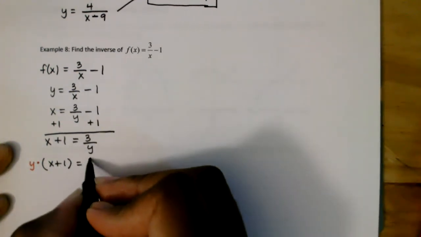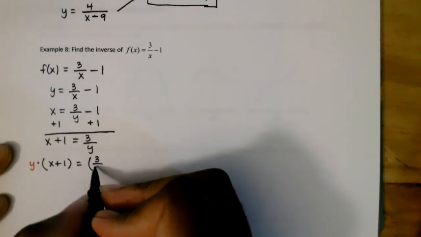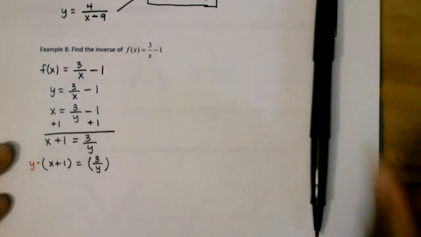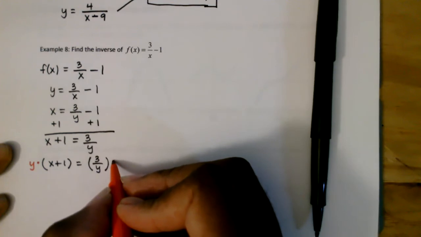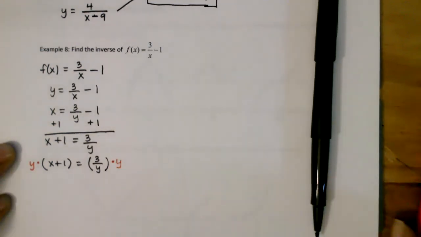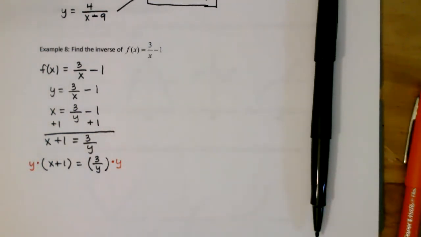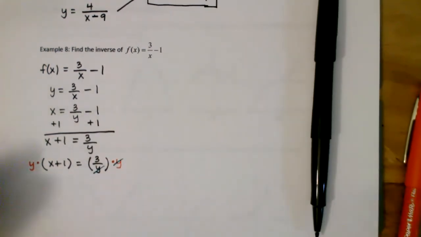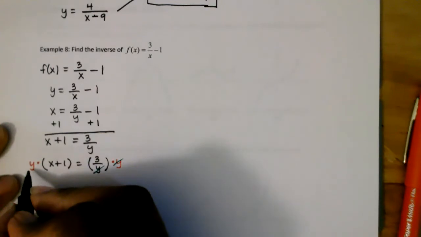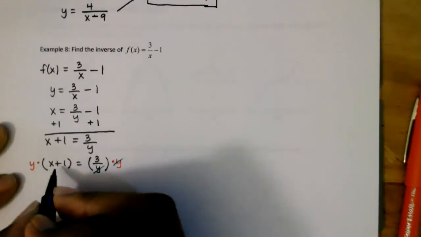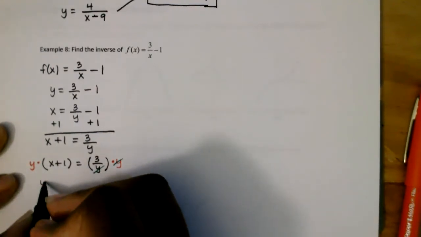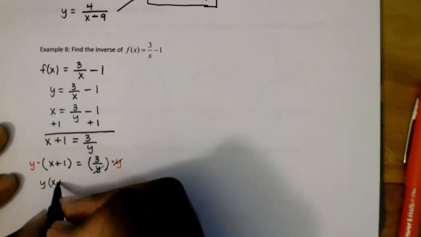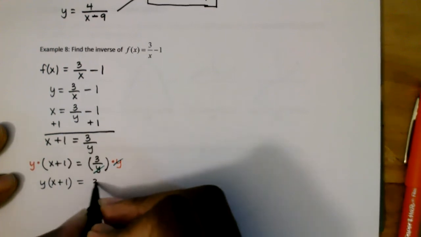And over here, that 3 over y is going to be multiplied by, I mean by y, not by x. Because I'm going to get rid of the y, so I have to multiply both sides by y. On the right side the y's divide out. I'm not going to multiply the y times the x plus 1 out. I'm just going to leave it like this. Y times x plus 1 is equal to 3.